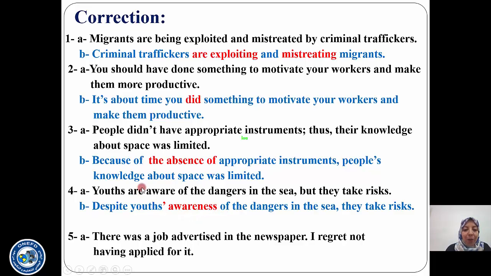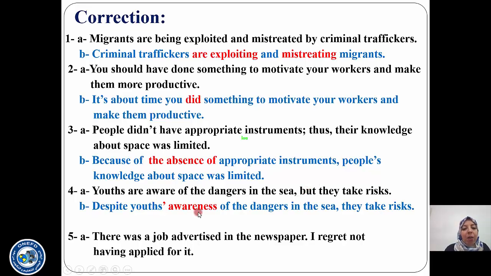You remove the verb. Once you remove the verb, what is remaining? Aware of the dangers in the sea. It's not enough. We need to turn our adjective into a noun: awareness. So you say, despite or in spite of youths' awareness of the dangers in the sea, comma, they take risks. Notice that we have removed but.